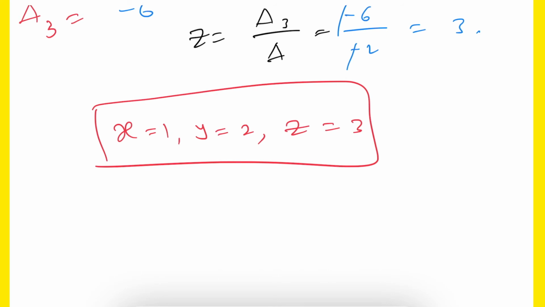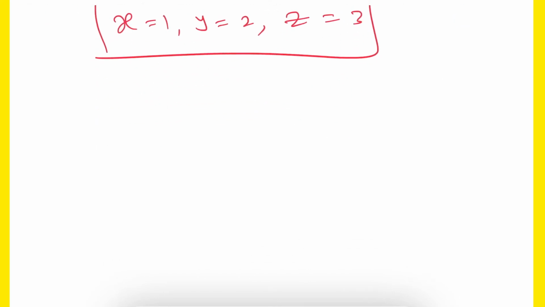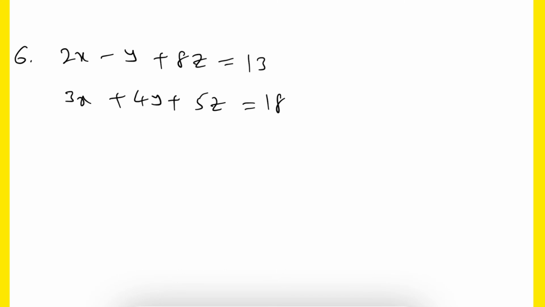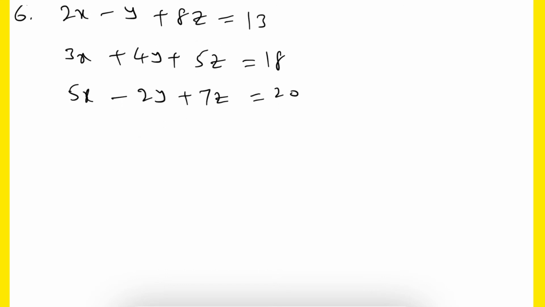Okay, now let us move to question number 6. Here question number 6 is 2x minus y plus 8z equals 13, 3x plus 4y plus 5z equals 18, then the last will be 5x minus 2y plus 7z equals 20.